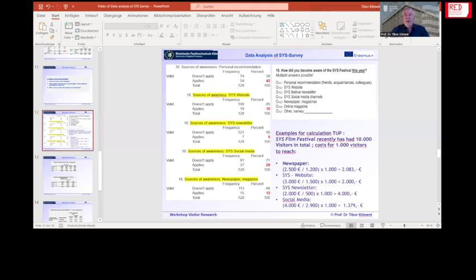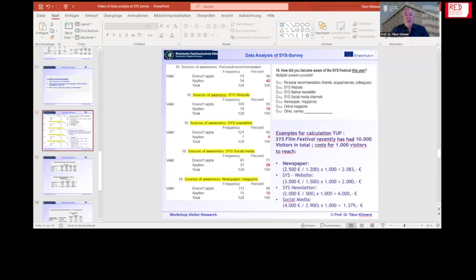We assume that this film festival had 10,000 visitors in total. This means when we have here a share of 5% that say they read, saw, noticed the newsletter, it's in total only 500 persons.